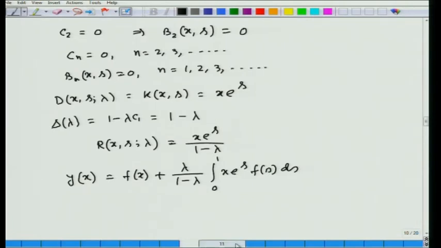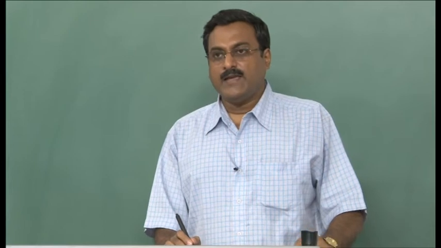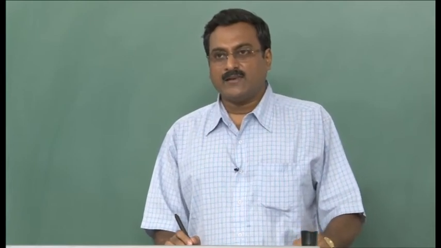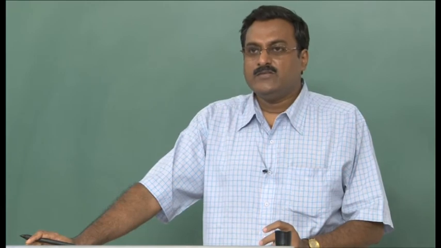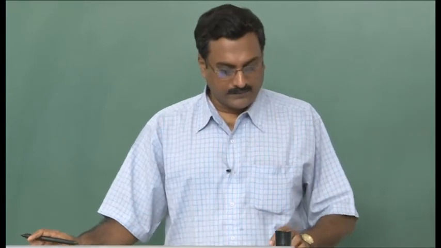Now, we define an alternative way by which we can calculate these B_n(x,s) and C_n. Of course, we have to keep in mind that B_0(x,s) is nothing but K(x,s), and C_0 is also equal to 1.